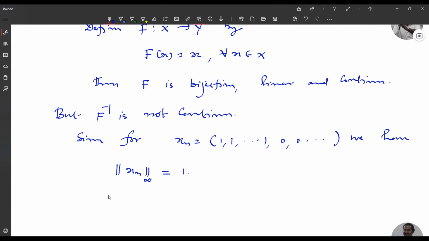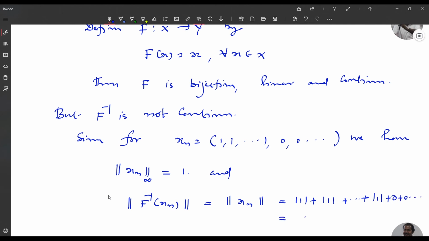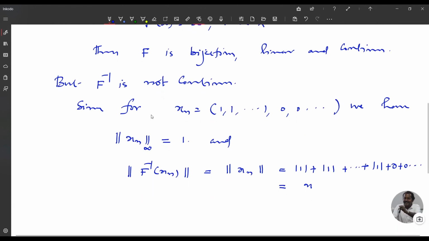And the norm of f inverse of xn, that is the 1-norm of xn, is modulus of 1 plus modulus of 1 plus ... plus modulus of 1 plus 0 plus 0 and so on, which is 1 added n times. This is equal to n. This is true for n equal to 1, 2, and so on. So f inverse is not continuous.